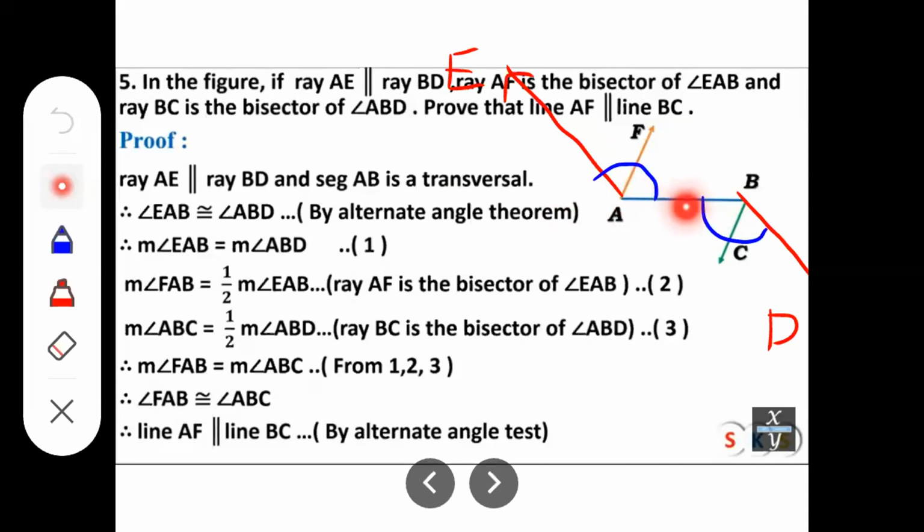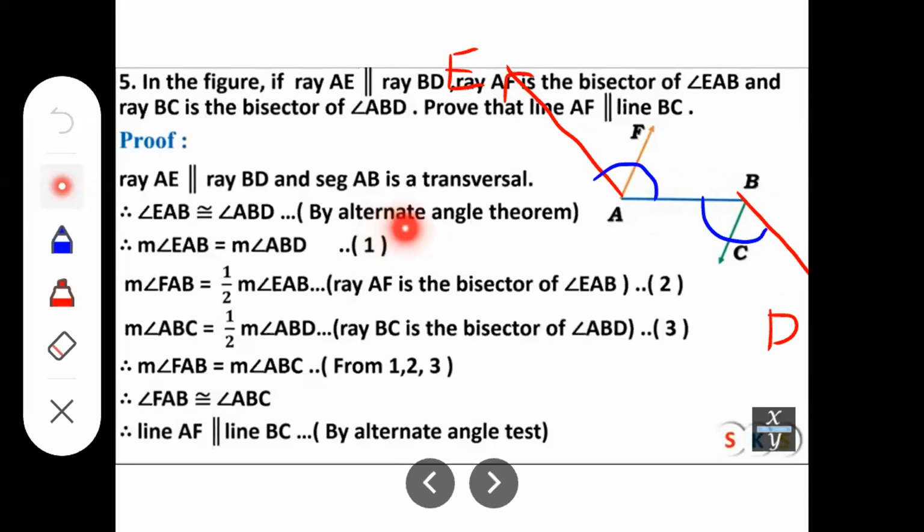AB is their transversal. Now two parallel lines and their transversal. Here see the symbol formed, because of a pair of alternate angles.